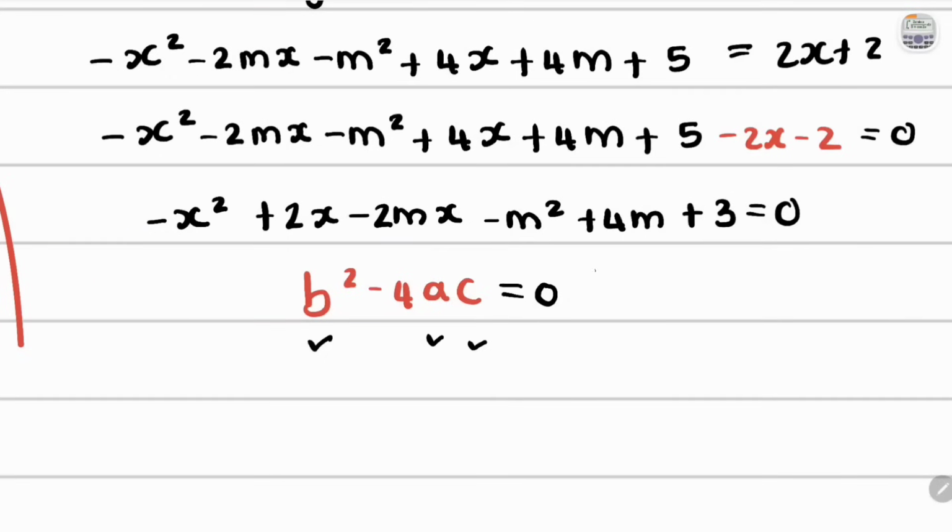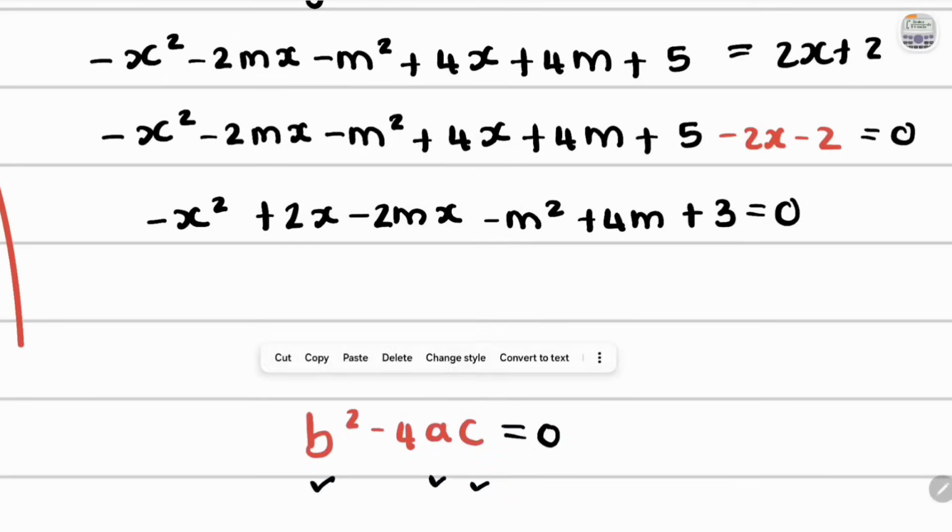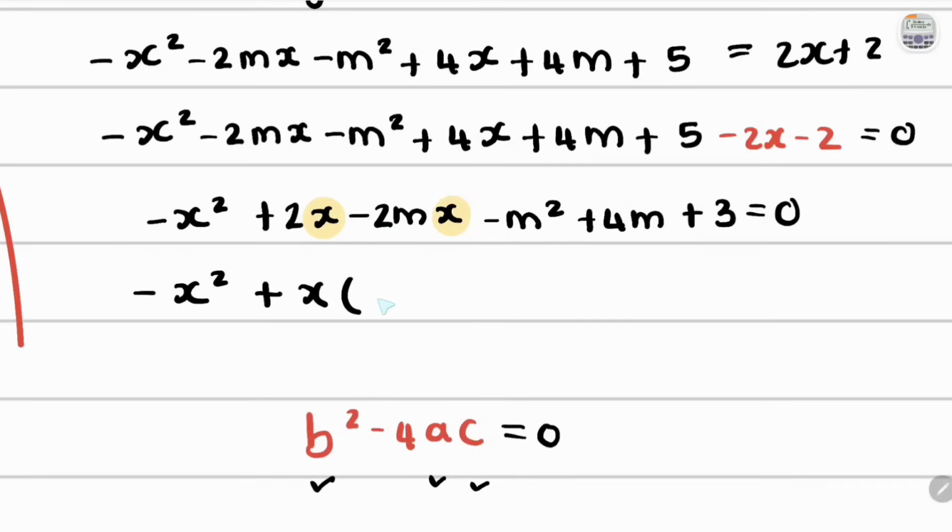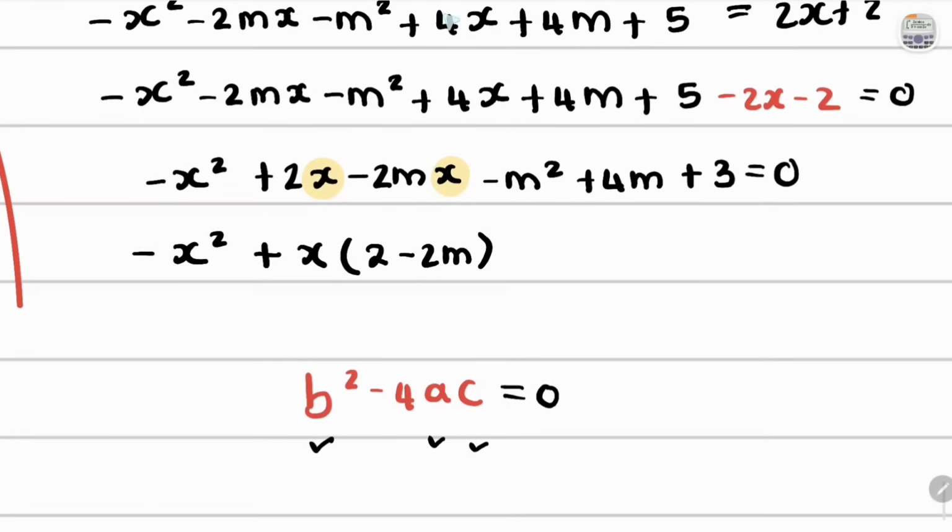So let's just make some adjustments to that. Here's what we can do there. We leave this as negative x squared. And then with this, because they both have x, it's like taking out x as a common factor. You could write it like this, x, and say what is left here. You're going to have 2 and then minus 2m. So this now becomes the coefficient of x, which is b.